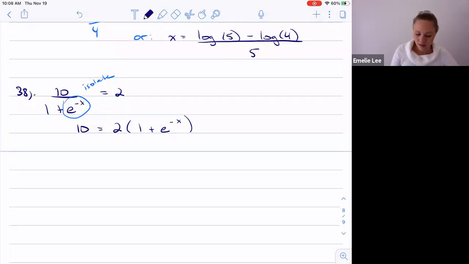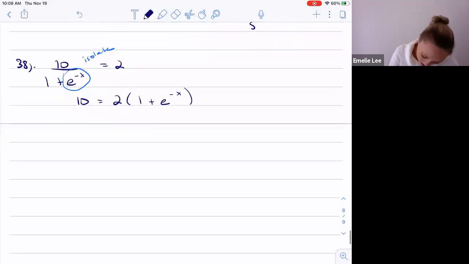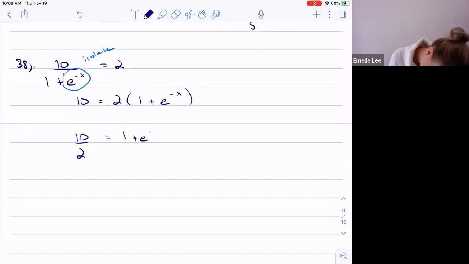From here, I can divide 2 over to the left-hand side, right? And then subtract by 1. So 10 divided by 2 is 1 plus e to the negative x.